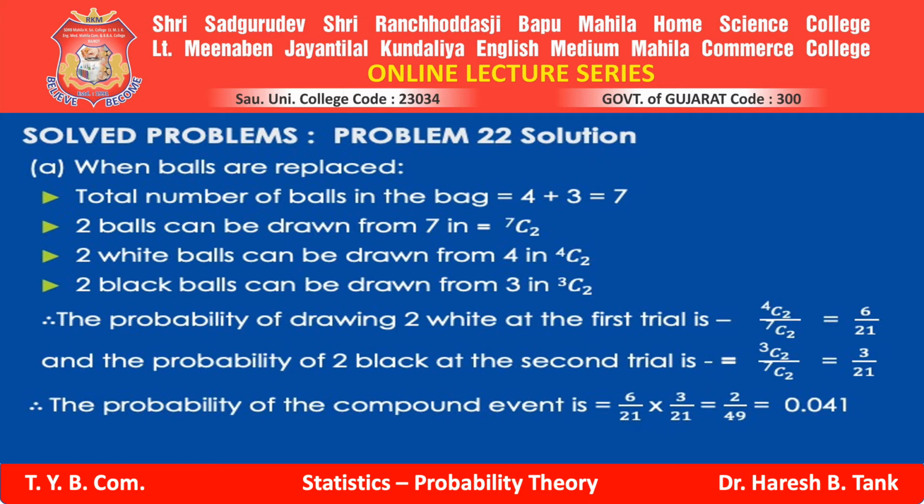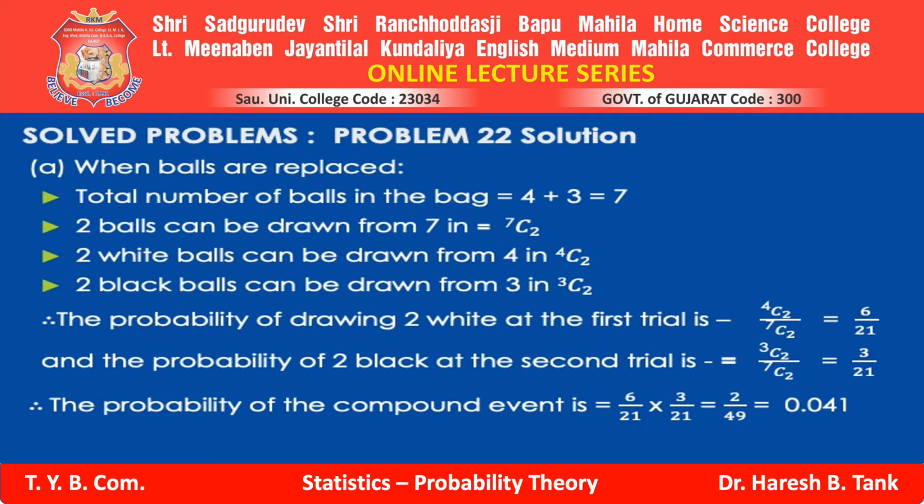Let us address the first. When balls are replaced, since it is replaced, it means it is independent. Okay. Total number of balls in a bag are 4 plus 3, 7. Two balls can be drawn from 7 balls in 7C2 different ways. 7C2 means C is combination, right?